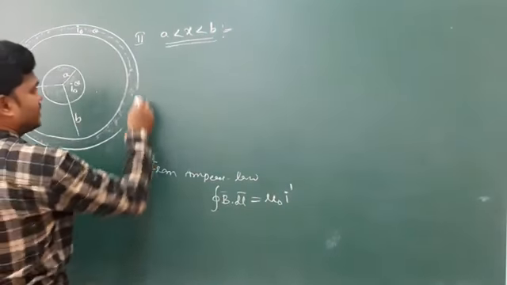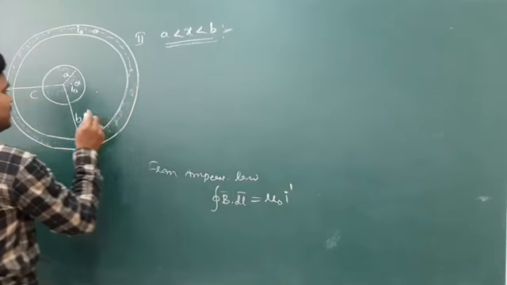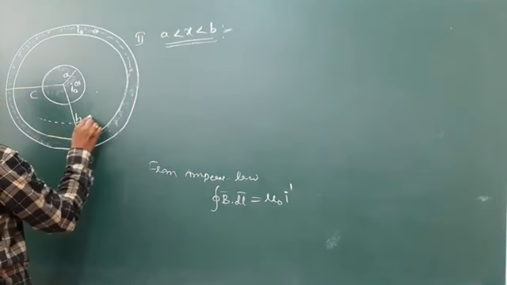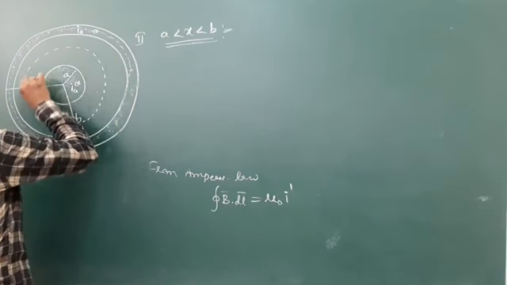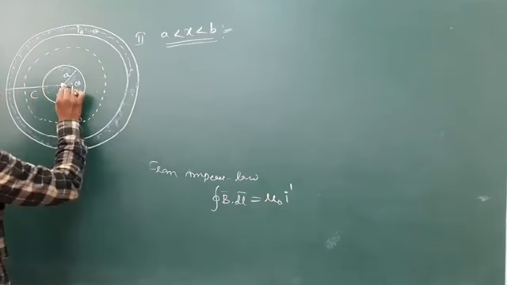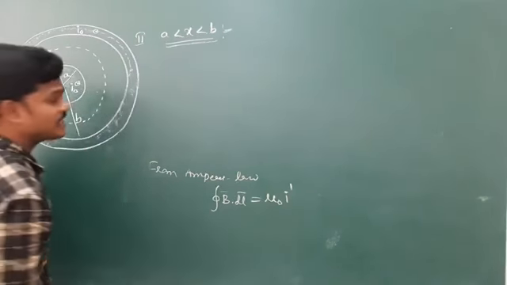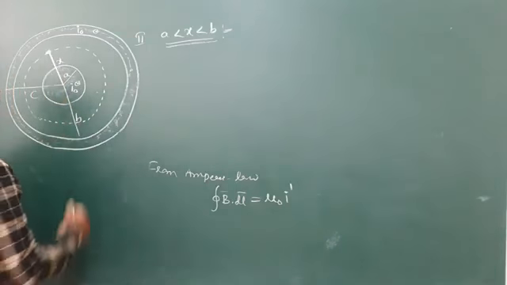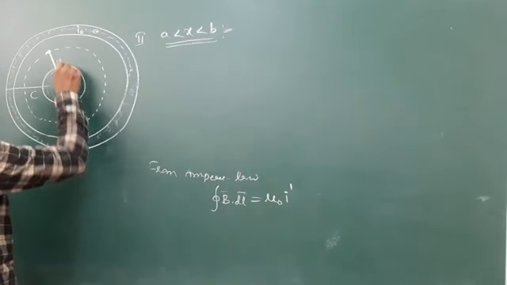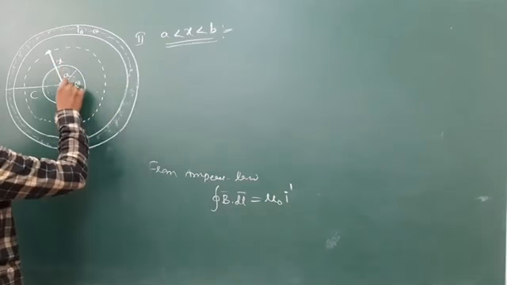So x in between a and b means here you just draw an Amperian loop like this. This is x. Here the target is to find the magnetic field. So x is less than b, of course it is greater than a.